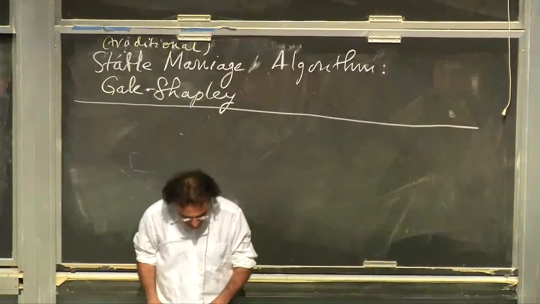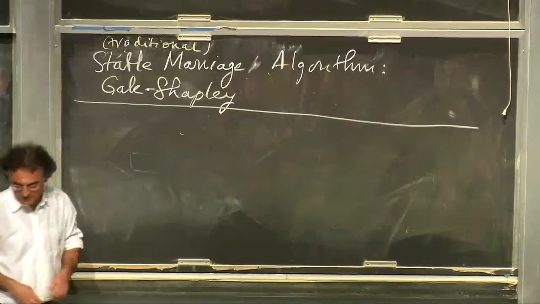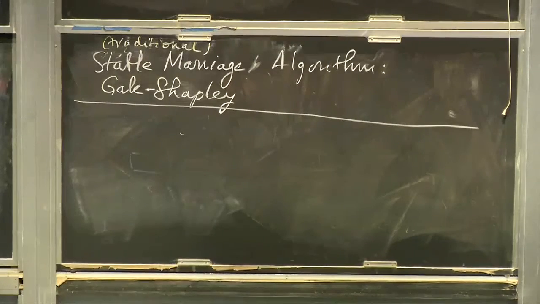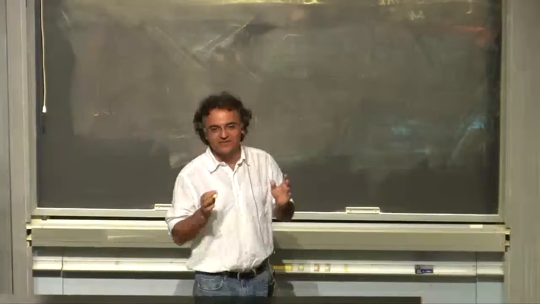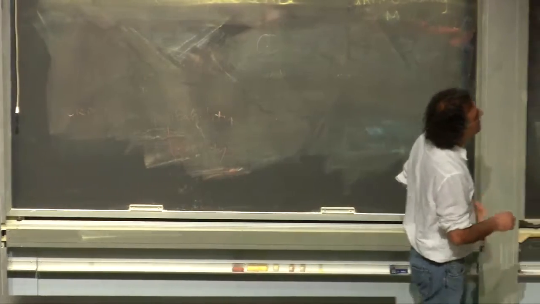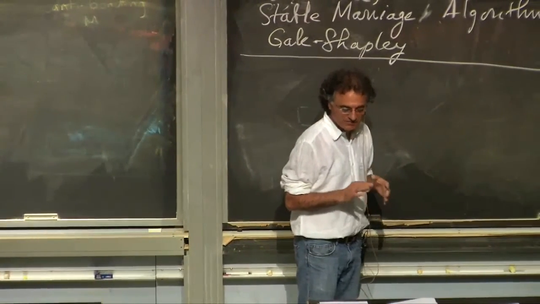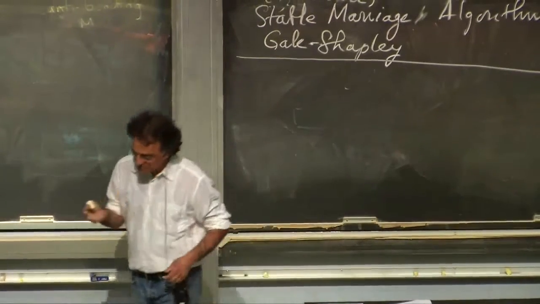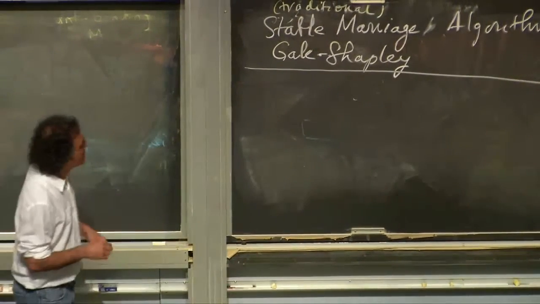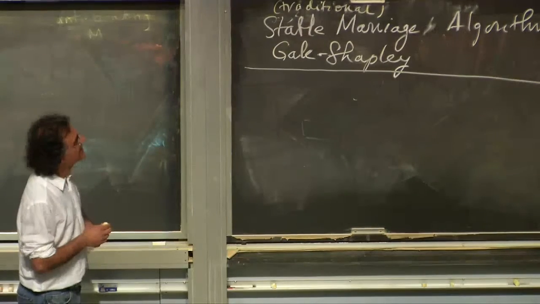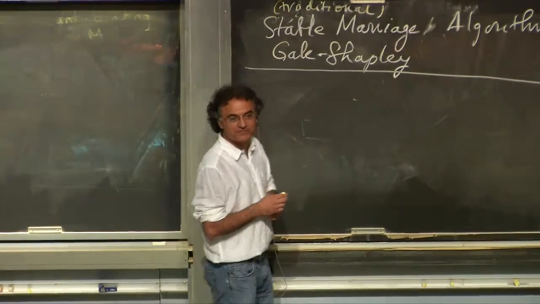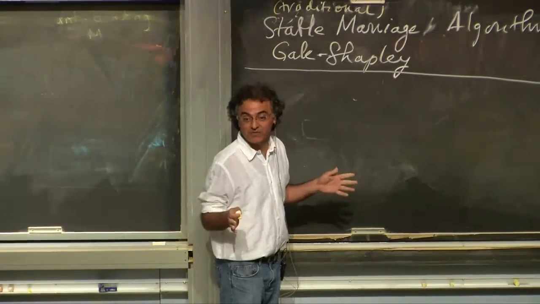Well, the algorithm is a bit droll. Think back to the 50s, or even earlier. The algorithm is clearly asymmetric in a very stark way. It calls for the women to stay at their balconies every morning.